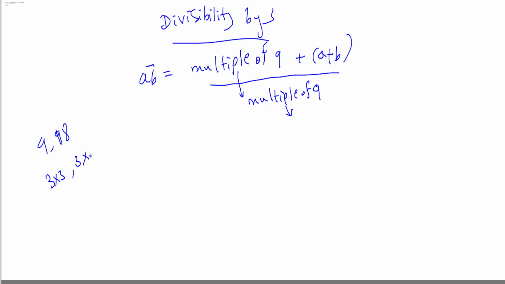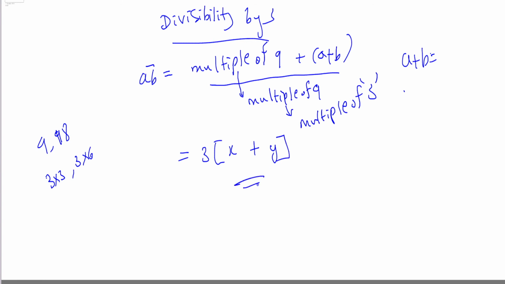Therefore here also you can take 3 as a common from this side, and in order to take it common from a plus b, the sum a plus b should be divisible by 3.